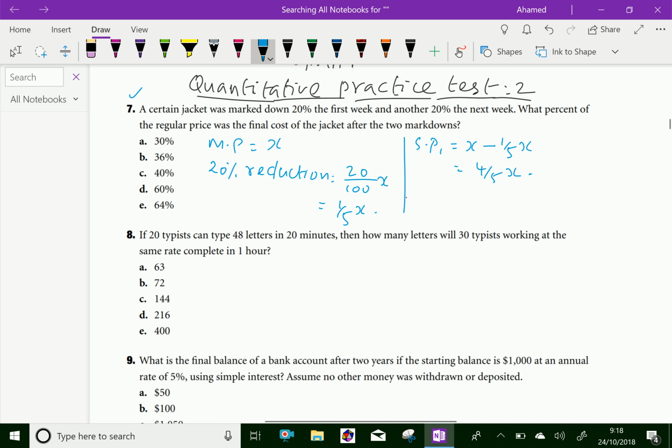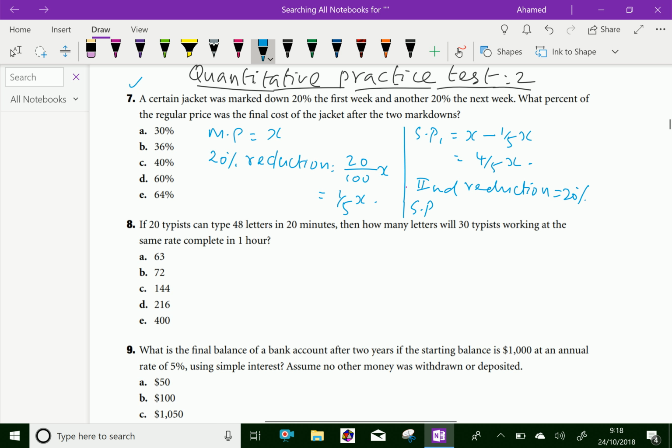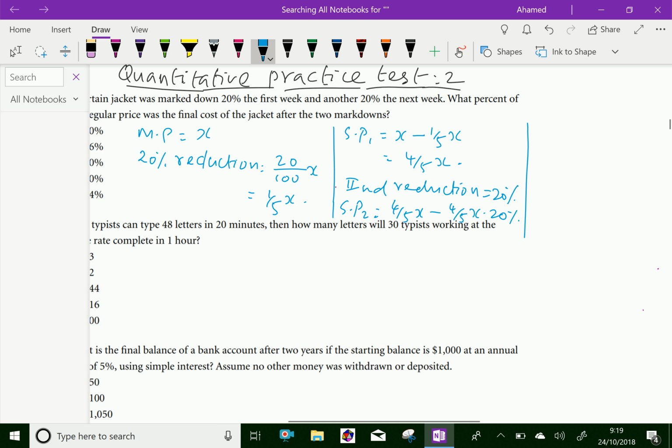Now the second reduction is also 20%. Therefore SP2, the selling price after the second reduction, is 4 over 5 x minus 20% of 4 over 5 x. 4 over 5 x into 20%, which is 1 over 5, is 4 over 25 x.